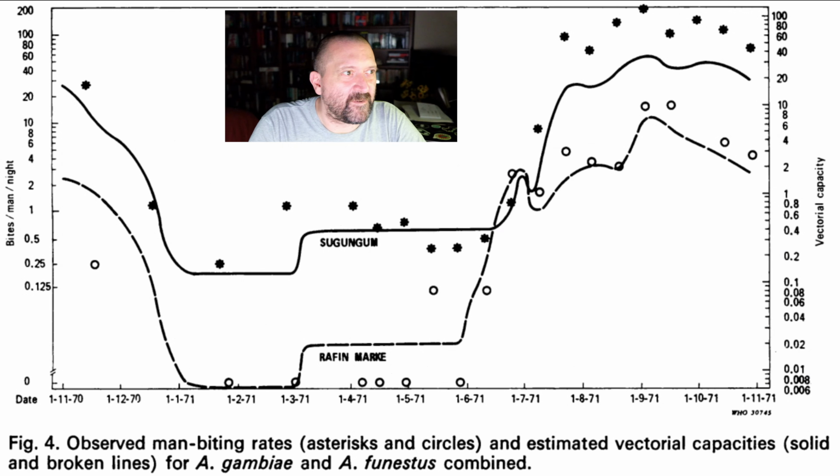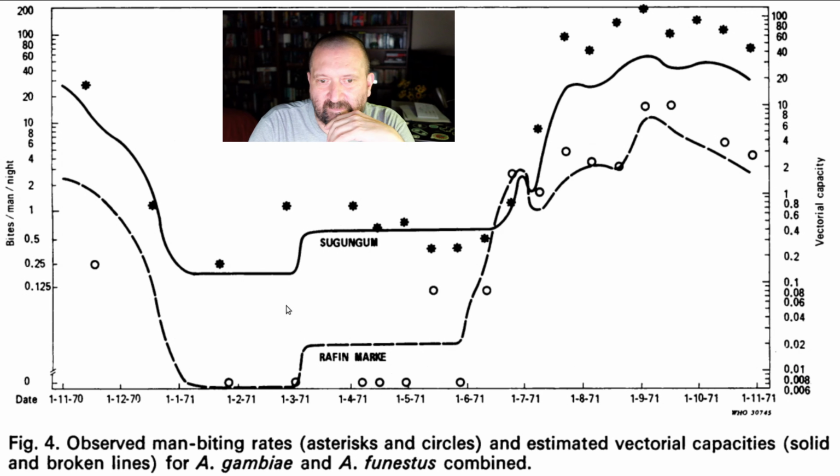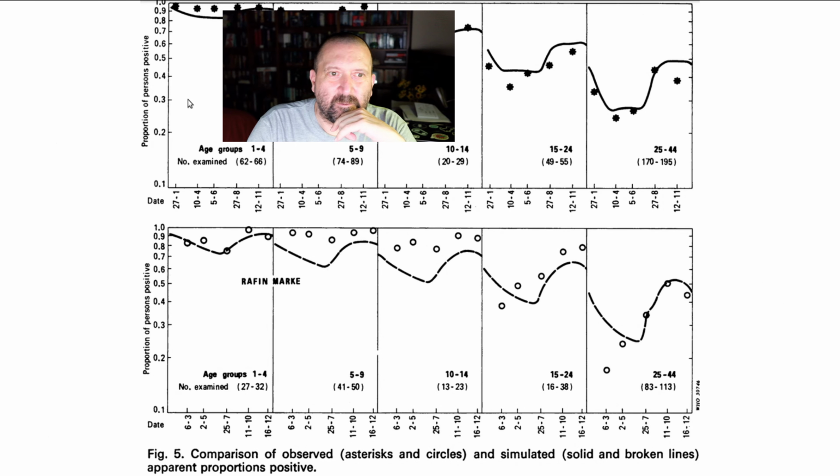What is very interesting in this paper is that they did quite a lot of numerical work and tried to fit some data that they had, for example, the biting rates. They had a proportion of people positive, and they used that data that they had observed, and simulated positive proportion. So this is an interesting model because it goes.